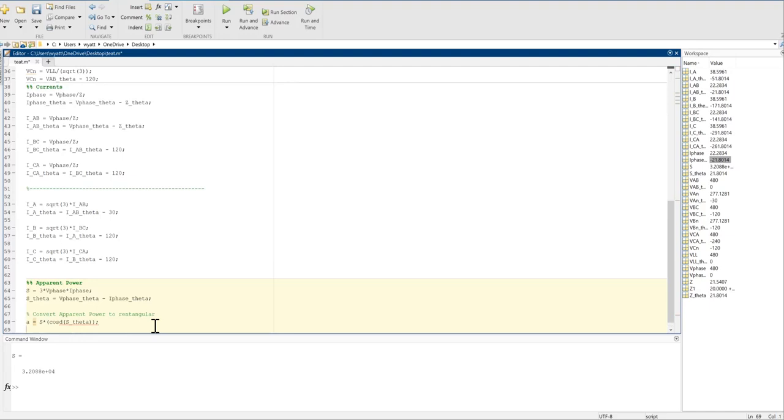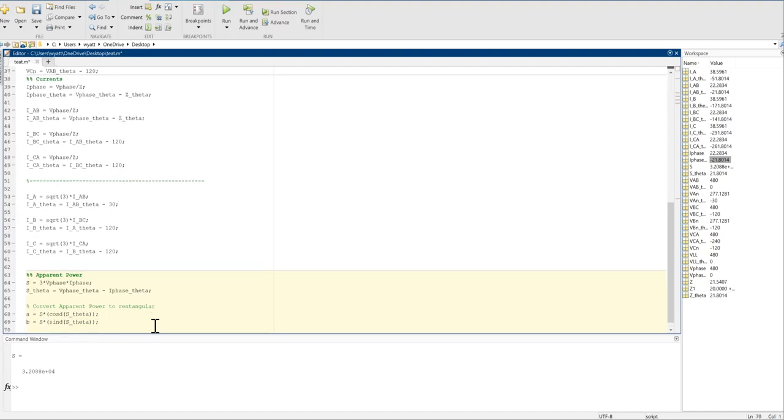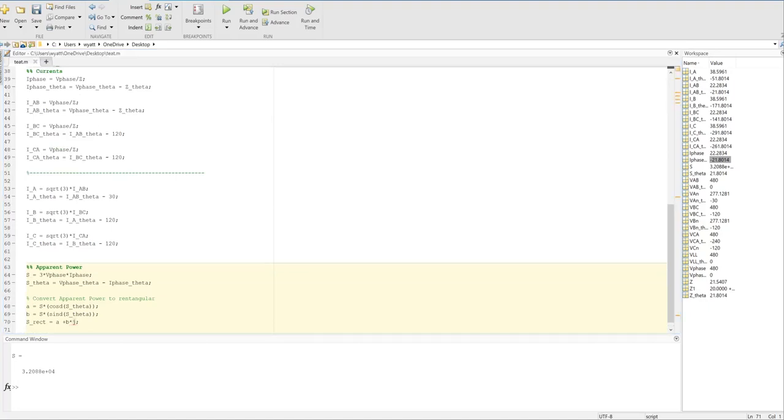Repeat that for B. That's going to be equal to S times sine D of S theta. Our S rectangular, this is our total, is going to go to A plus B times j.